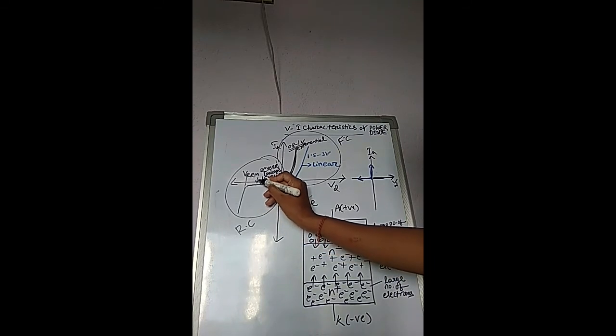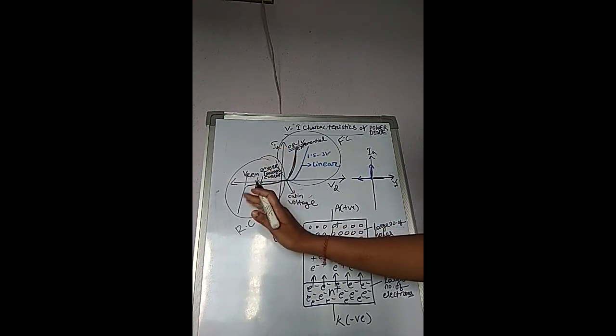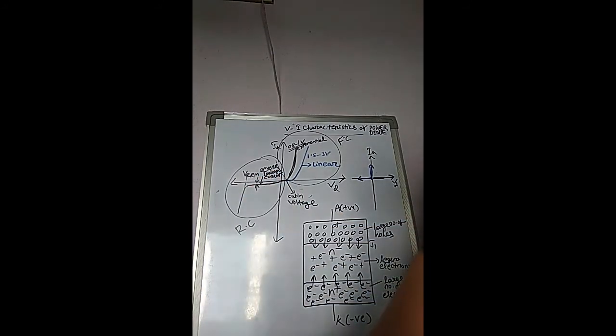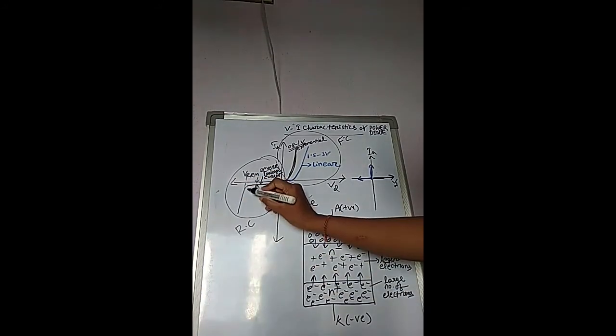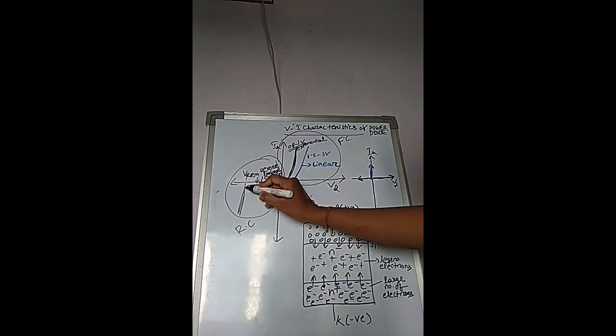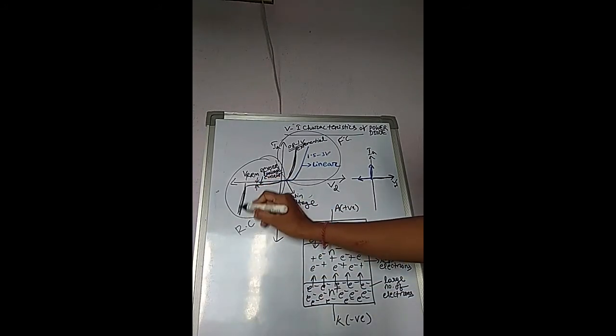This part is the reverse leakage current, and at some point that is the peak reverse repetitive voltage. At this point your diode current will increase drastically. This is the current rises drastically.